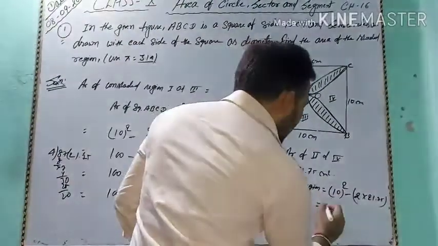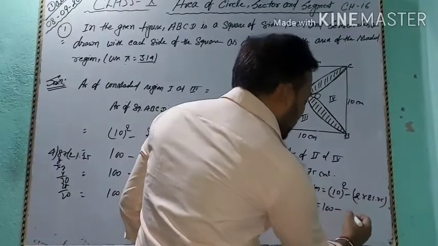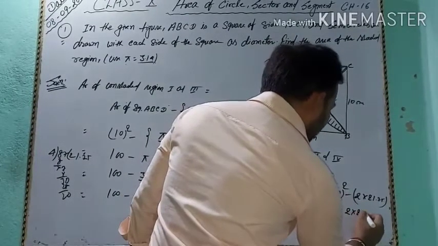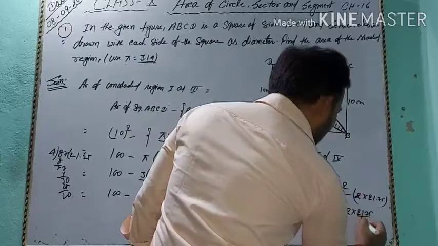Okay, so 100 minus 2 multiply 21.75 by 100.